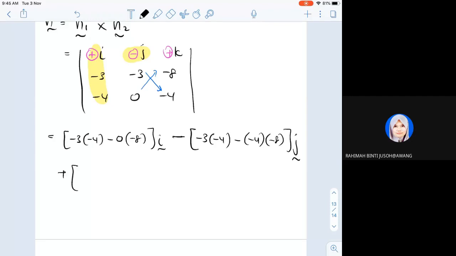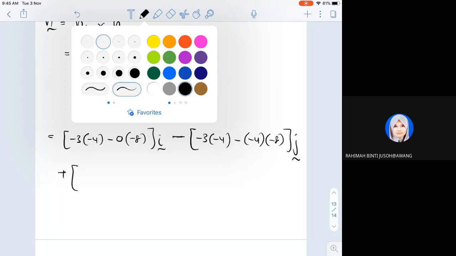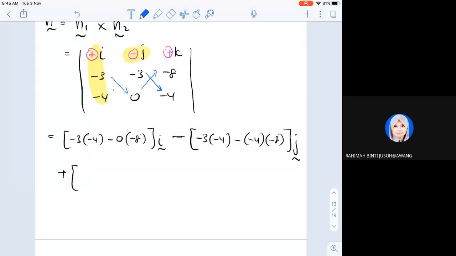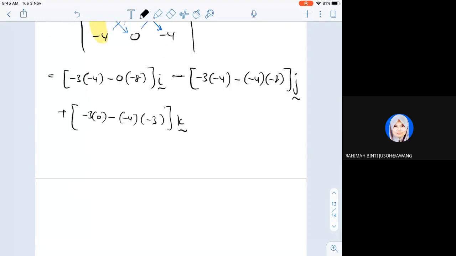So open the square bracket. Close the third column. We are now crossing the first and second column pula. So -3 times 0 minus -4 times -3.